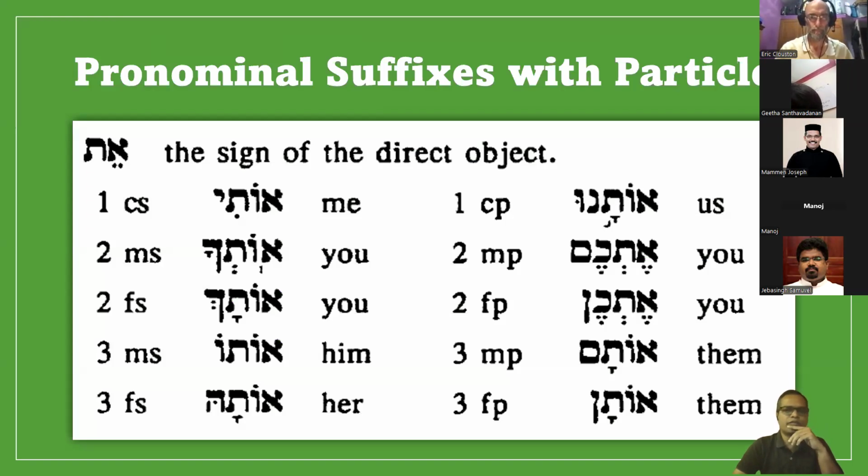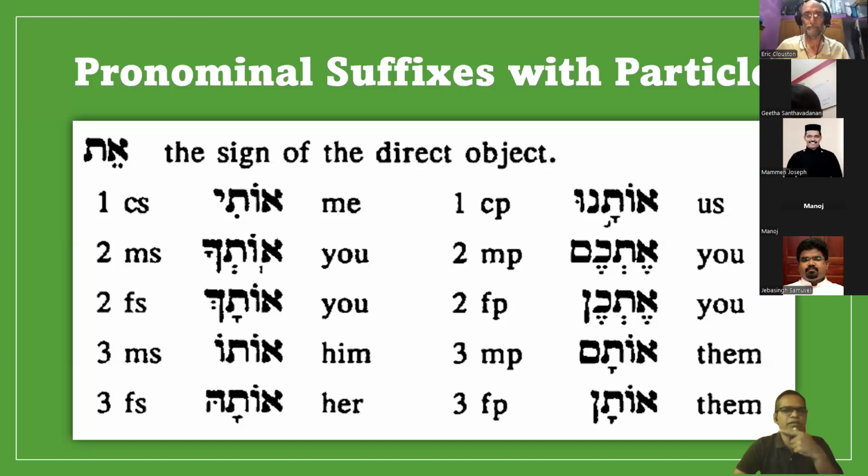In every Hebrew phrase, the word order is in the following way. The first one will be the verb, the second one will be the subject, and the third one will be the object. If this order is changing, that will be due to the emphasis needed on any one of these elements.